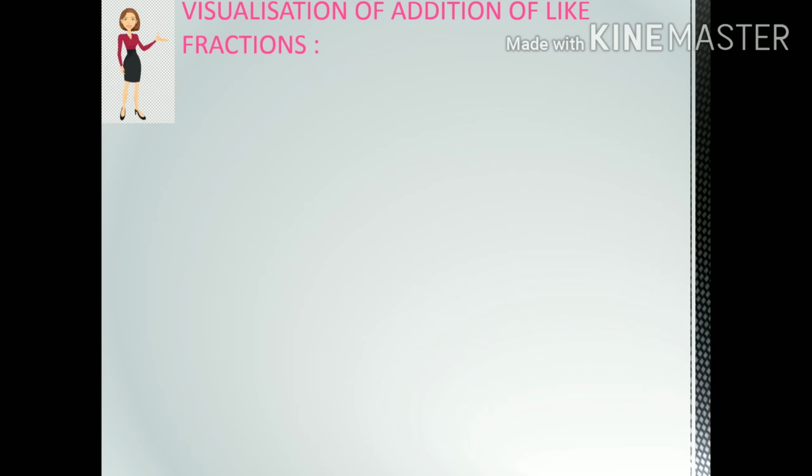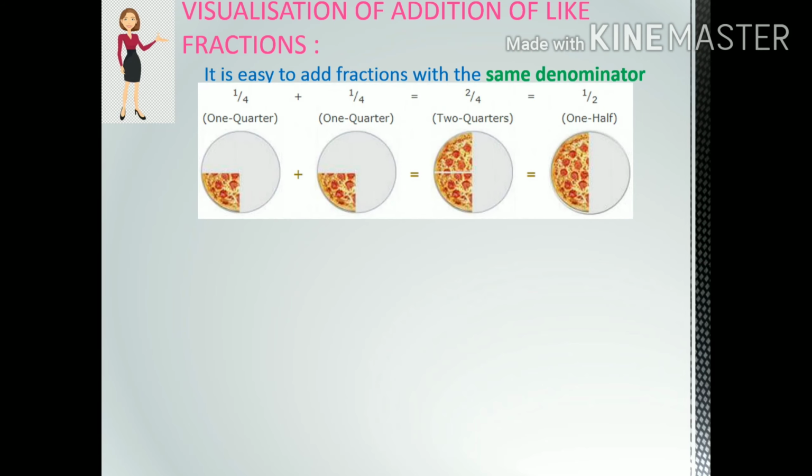Now visualization of addition of like fractions. It is easy to add fractions with the same denominator, that is like fractions. We can see here a fraction of a pizza, that is 1/4, plus 1/4 of another pizza.